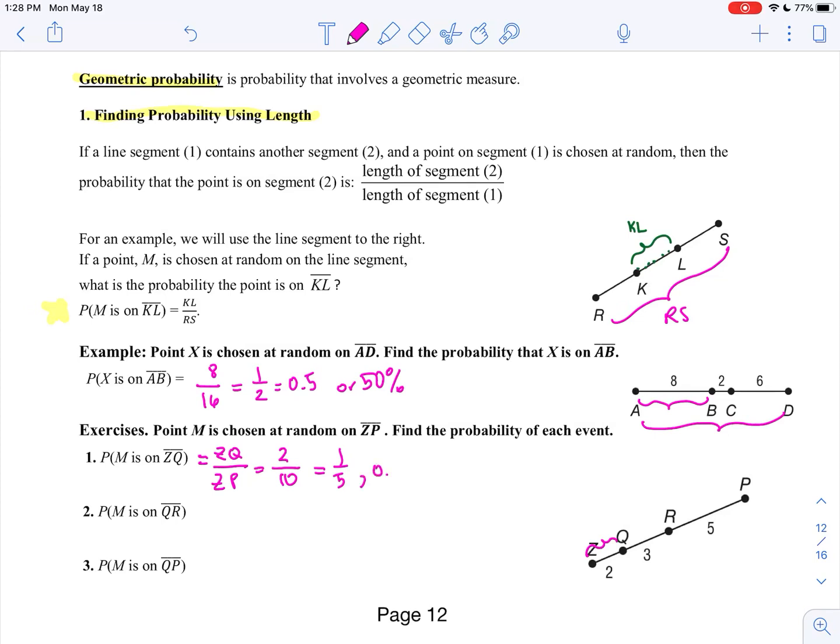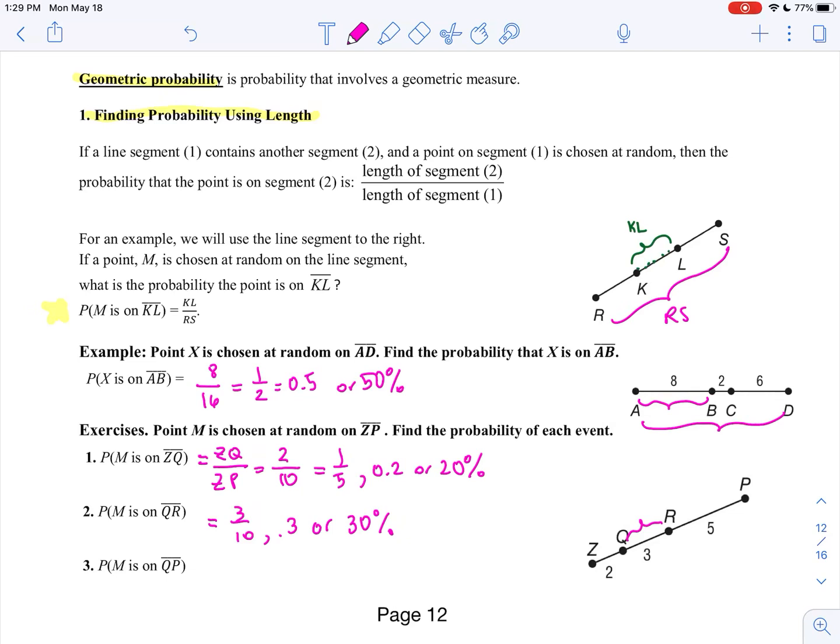That reduces to 1/5, 0.2 as a decimal, or 20% as a percent. Now, the next question asks the probability of it landing on QR, which has a length of 3. So that would be 3 over 10, or 0.3, or 30%.